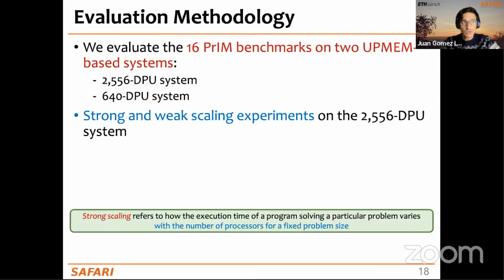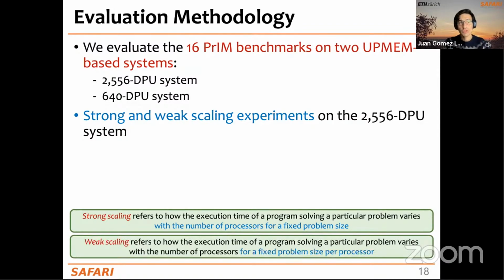I would like to recall that strong scaling refers to how the execution time of a program solving a particular problem varies with the number of processors for a fixed problem. So in this case, we have a fixed problem size, and we distribute the computation among the available DPUs. If we increase the number of DPUs, the amount of computation per DPU will be lower, right? So that's strong scaling.